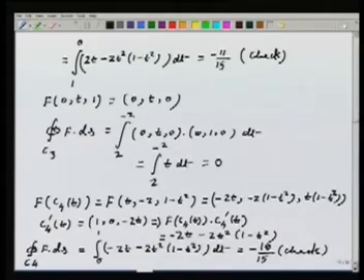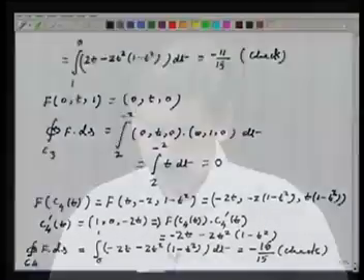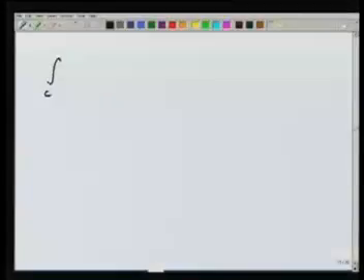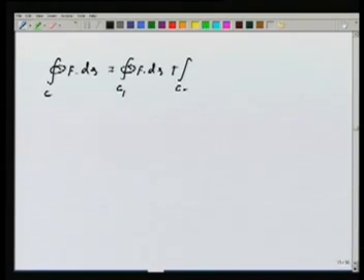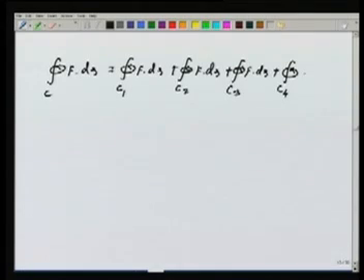So finally, when I look at the total line integral, that means integral over C of f dot ds, I write it as integral over C1 of f dot ds plus integral over C2 of f dot ds plus integral over C3 of f dot ds plus integral over C4 of f dot ds.